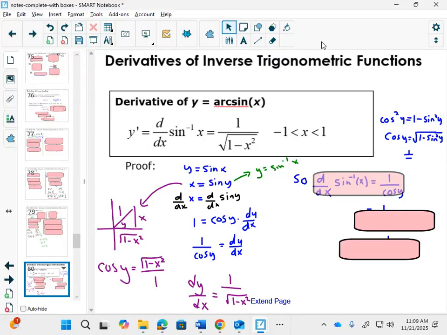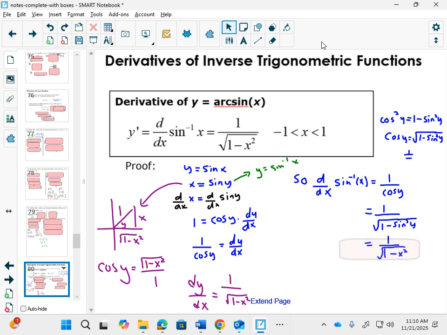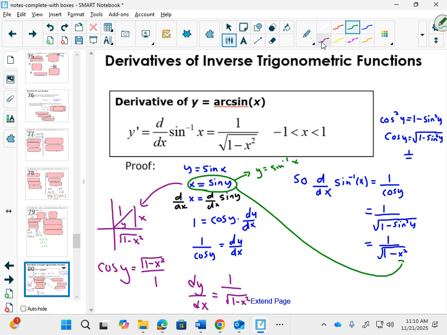And so now we could substitute in, and we would get dy dx being 1 over cos y. And 1 over cos y is 1 over the square root of 1 minus sine squared y. And sine of y is defined here to be x. So when you have a sine y, you could replace it with x.